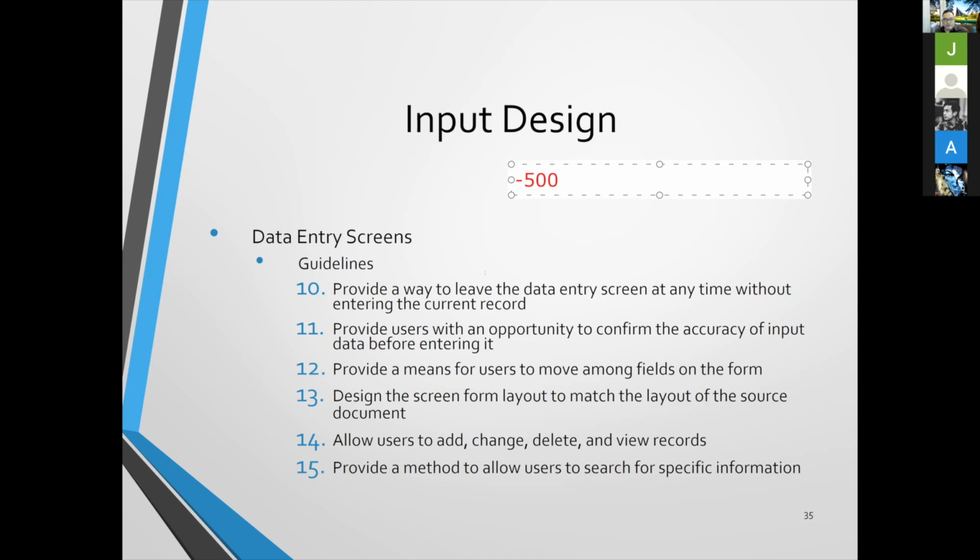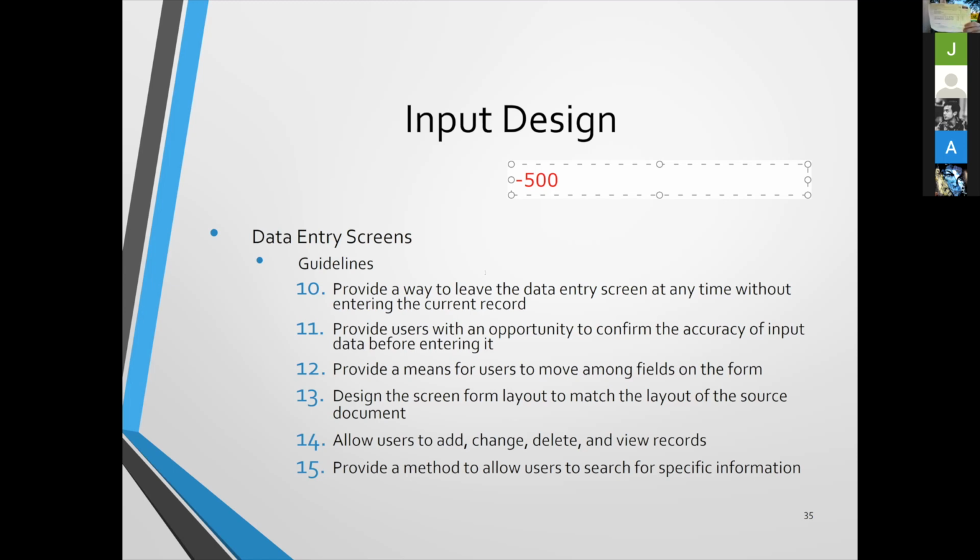Number 13, design the screen form layout to match the layout of the source document. What does it mean? It means that if you have the source document on paper and you have a data entry person, you should help them in order to enter the data easily. If you have a form on paper like this, that users have to fill up manually, once the data entry person has to key it in, the form on the screen should look similar to this.